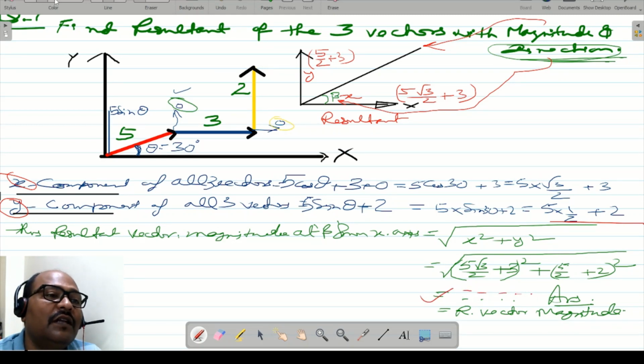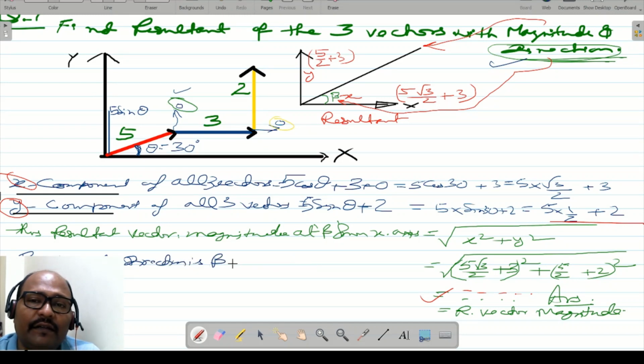Fine. So now we will find the other part, that is the angle. Here it's mentioned the direction is beta. How will we calculate? The resultant vector direction is beta, right? And beta, just calculate from the above figure.